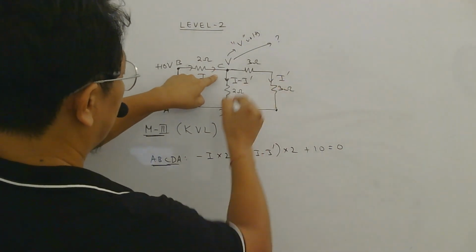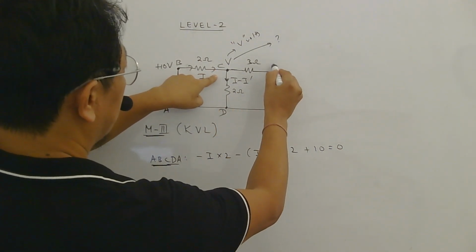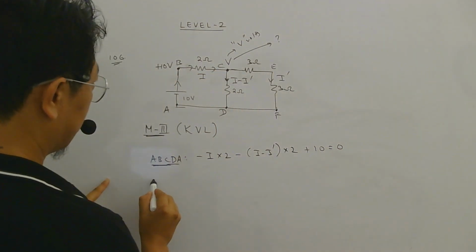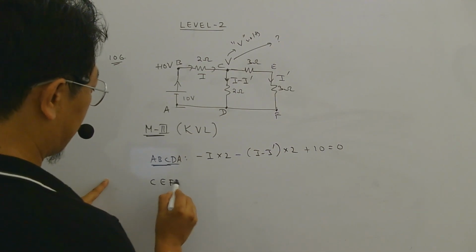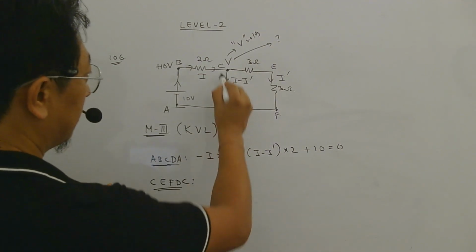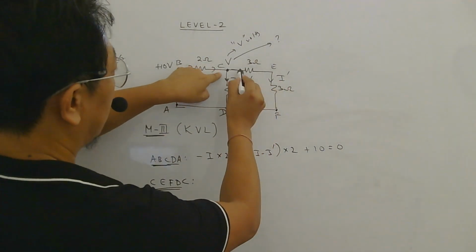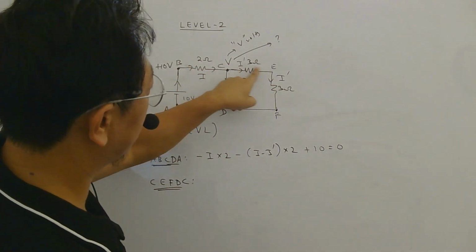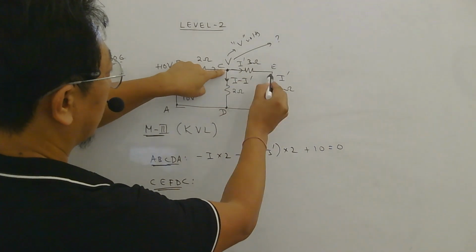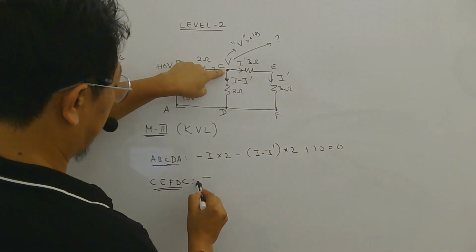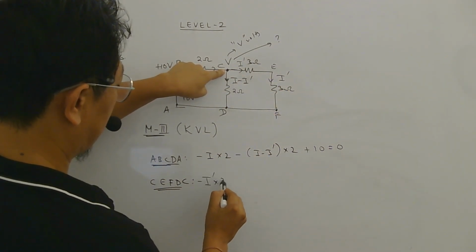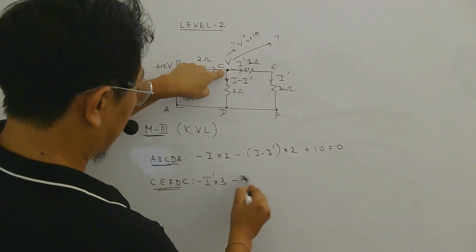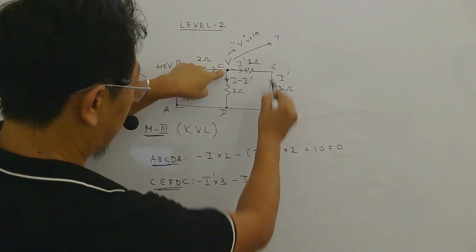Then you can use this loop. C, D I already used, so let me write E, F. So C, E, F, D, C. In this loop, I dash is going, right? Because I dash will flow in this branch. So along the current drop, minus I dash into 3.